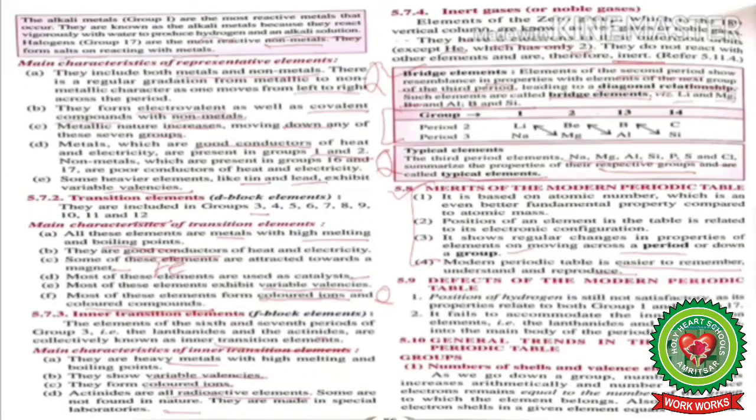The defects of the modern periodic table are: position of hydrogen is still not satisfactory as its properties relate to both group 1 and group 17. Secondly, it fails to accommodate the inner transition elements, that is, the lanthanides and the actinides into the main body of the periodic table.